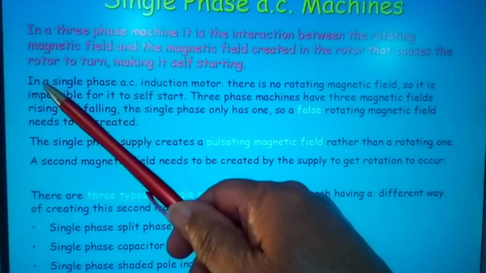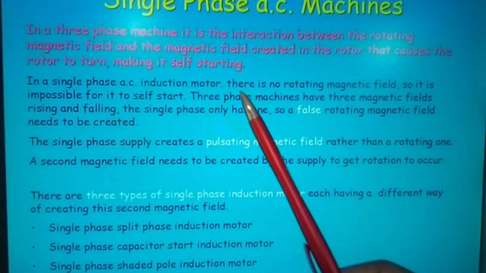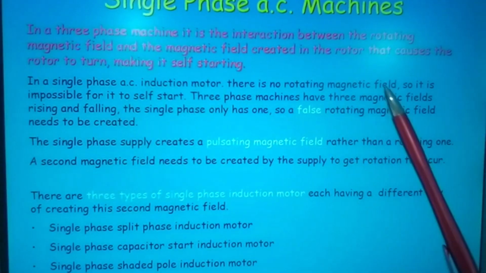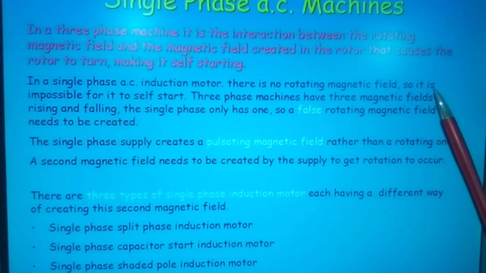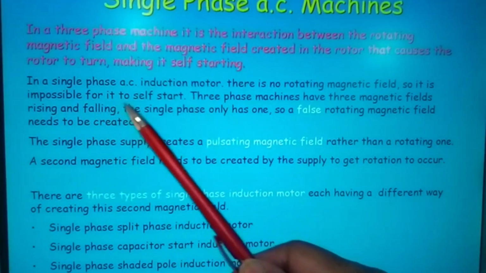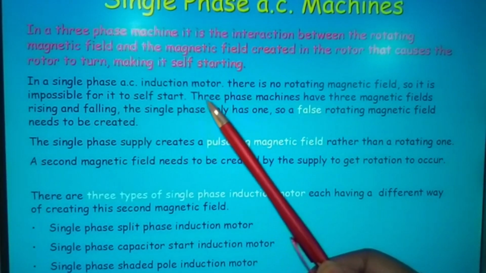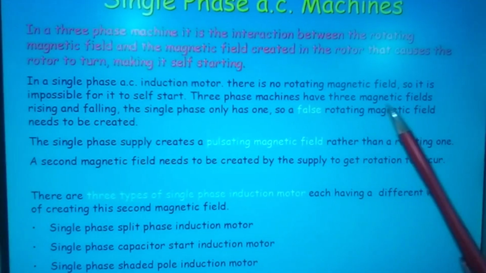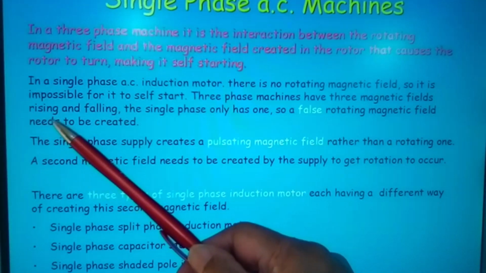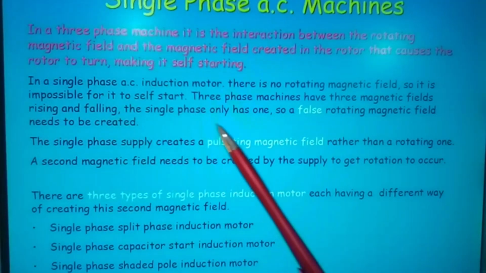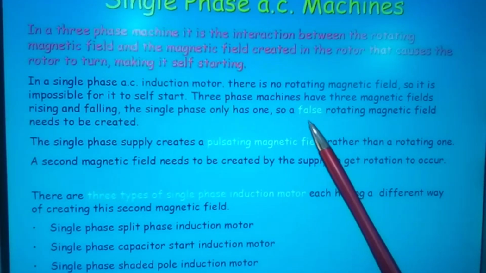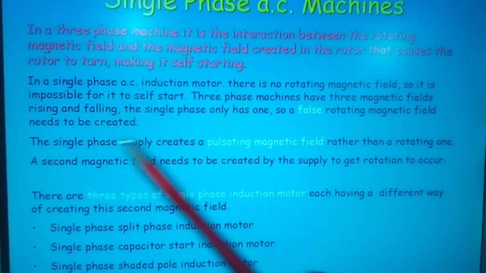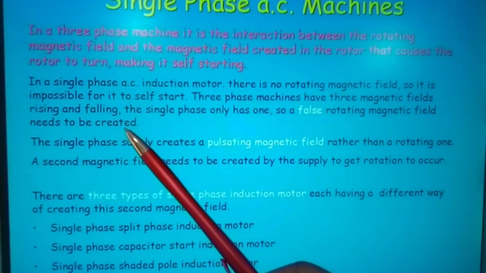Now, in a single-phase AC induction motor, there is no rotating magnetic field, so it is impossible for it to self-start. Three-phase machines have three magnetic fields, rising and falling. The single phase only has one, so a false rotating magnetic field needs to be created.